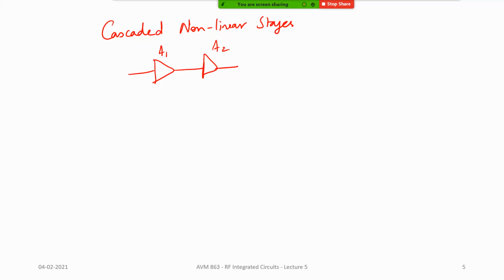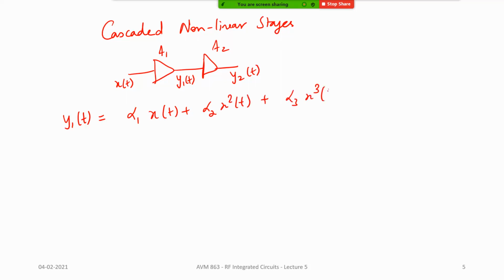let me first give you the mathematical basis. Let's say this is x of t, this is y1 of t, and this is y2 of t. y1 of t is very easy. This is what we have already written: alpha 1 x of t plus alpha 2 x squared of t plus alpha 3 x cubed of t, and so on.